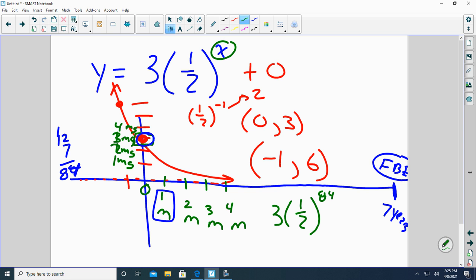So we're going to go 1 divided by 2, which is 0.5. We're going to raise that to the 84th power. That becomes an extraordinarily small number. But I'm going to multiply that number times 3. And it's going to give me an answer of this.